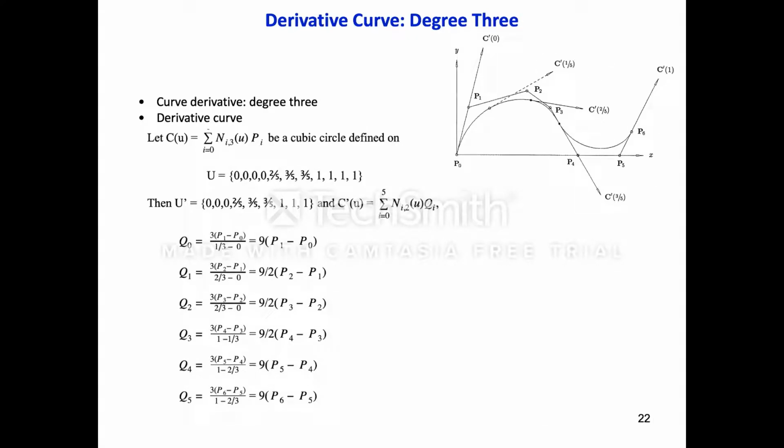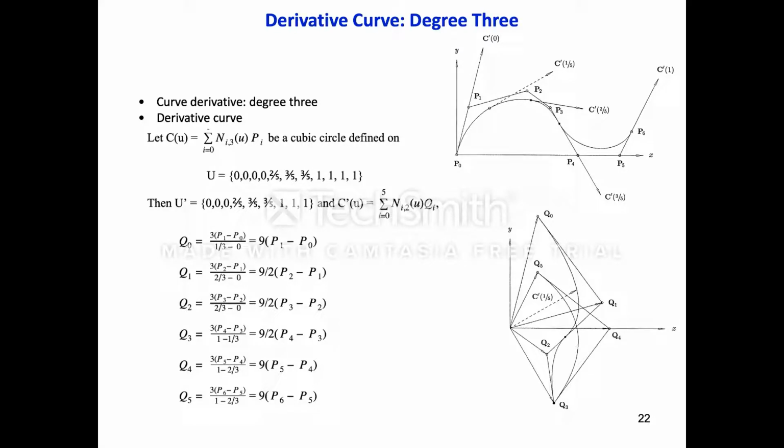In a similar fashion, we also do it for a degree 3 or cubic curve defined. C(u) is the summation of i equal to 0 to 4 of N_{i,3}(u) P_i, where the parameter values of u are as follows. Even in this case, we find C'(u), which is the summation of i equal to 0 to 5 of N_{i,2}(u) Q_i.